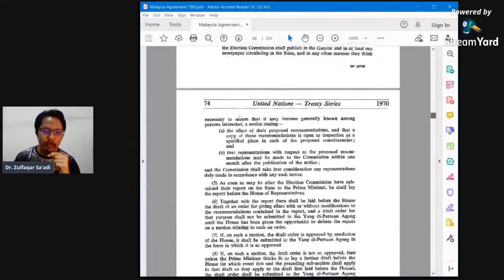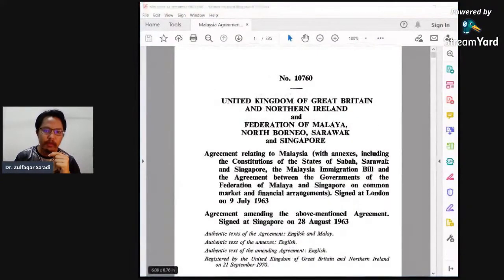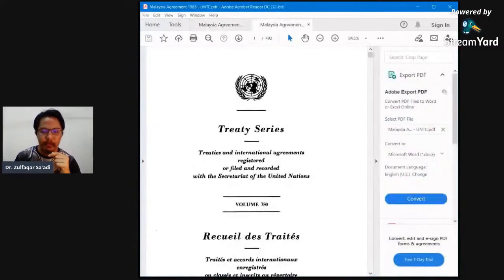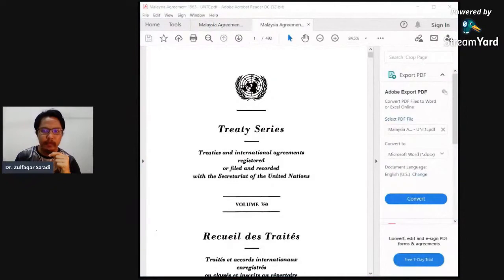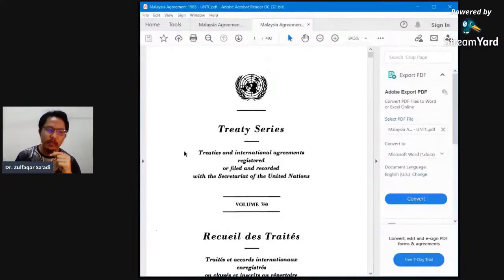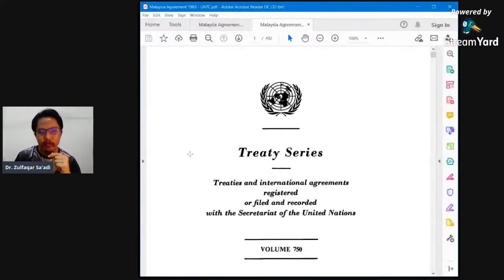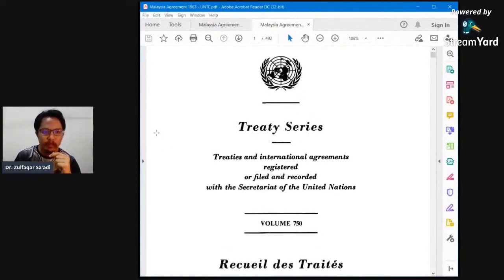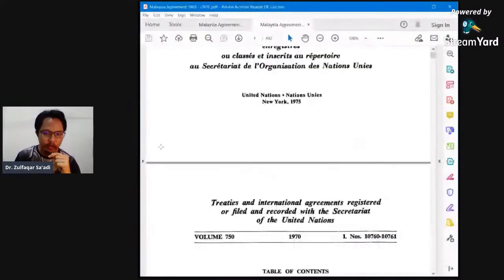So I show you the one that I take from the United Nations, this one. This was lodged by the United Kingdom in the United Nations on 21st September 1971. So this is the Malaysia Agreement that was lodged in the United Nations.